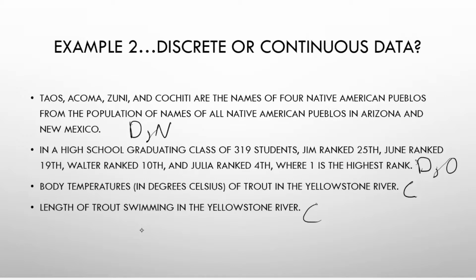All right, now these next two, we're just going to walk through a little bit of justification. We see right now we have continuous data, so we know it's quantitative. And if I have quantitative data, by default, I know I'm either at interval or ratio. For the first one, we have body temperatures of trout in the Yellowstone River. Is there a true 0 in terms of temperature?